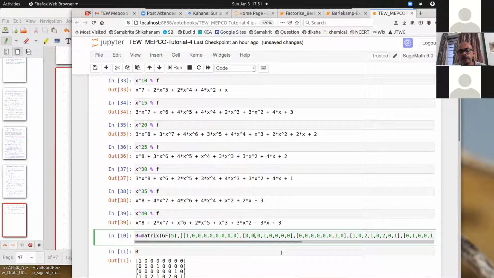Zeroth power, first power, second power, third power are 0, fourth power is 0, and at the fifth power there is a 1. The sixth, seventh and eighth powers are all 0. Then we have x to the 10. It starts with x to the 7, so 7 is this entry. The last power is 8, since it is a 9-degree polynomial. So here it is 1. Then nothing in the sixth power.